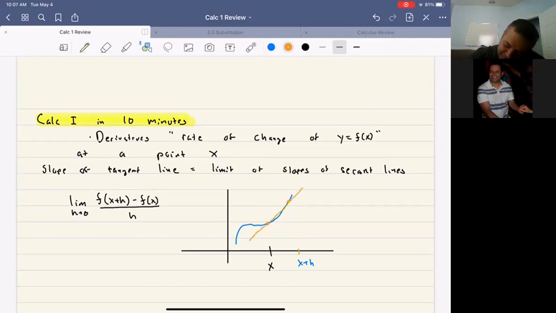We're taking the slope of this line, and we're basically making this thing get closer and closer, until we actually get to the tangent line.